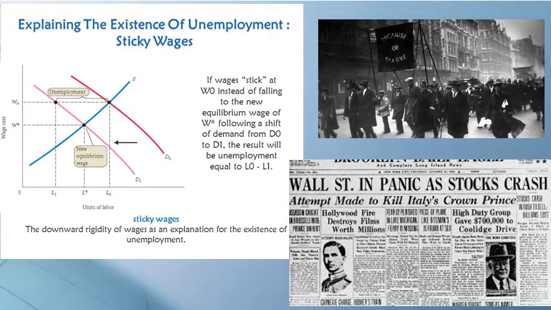Instead, they just cut production, and the unions also resisted wage cuts, especially because there is a disconnect between the interests of remaining workers, the people that are still employed, who want to keep their wages high, and unemployed workers who would want wages cut so they can get a job. So prices and wages had become sticky, and the gold standard wasn't working anymore.